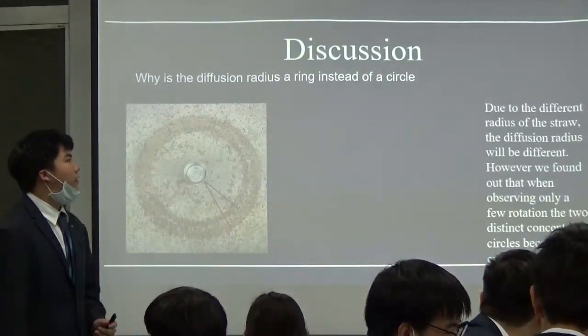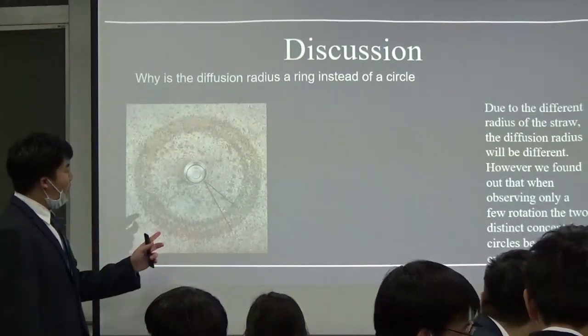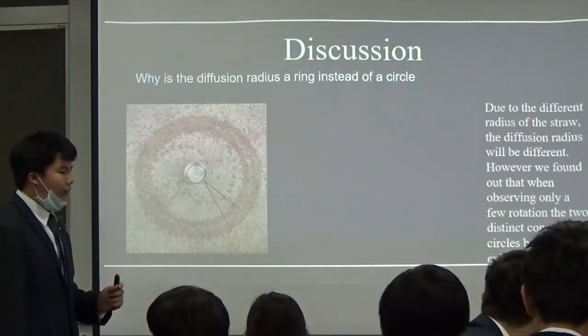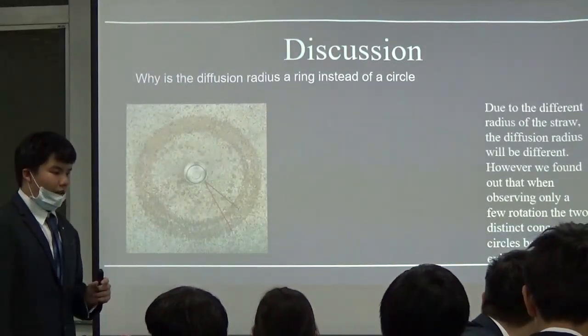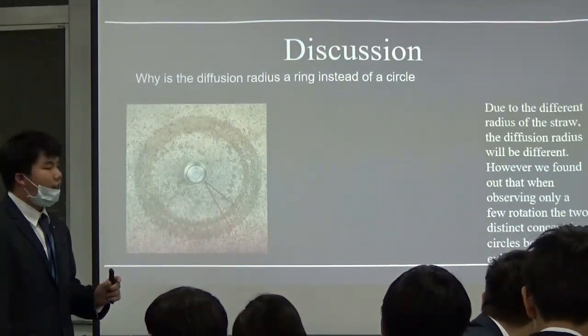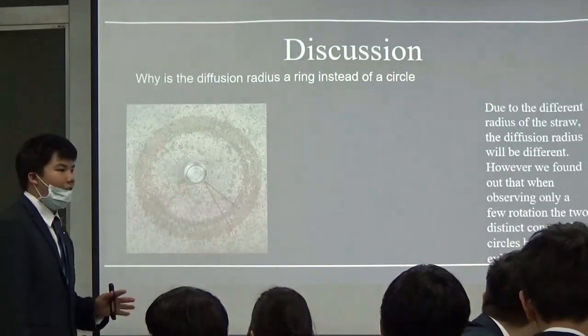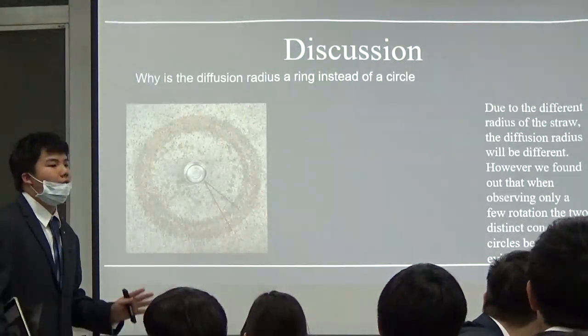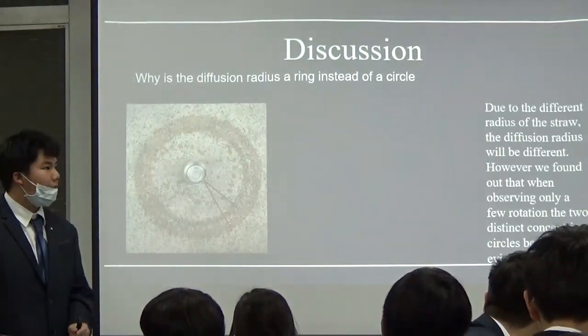And this is my second discussion: the diffusion radius ring is not a circle. In my first experiment, I found out that the diffusion radius ranges over about 10 centimeters, like from 40 centimeters to 50 centimeters.